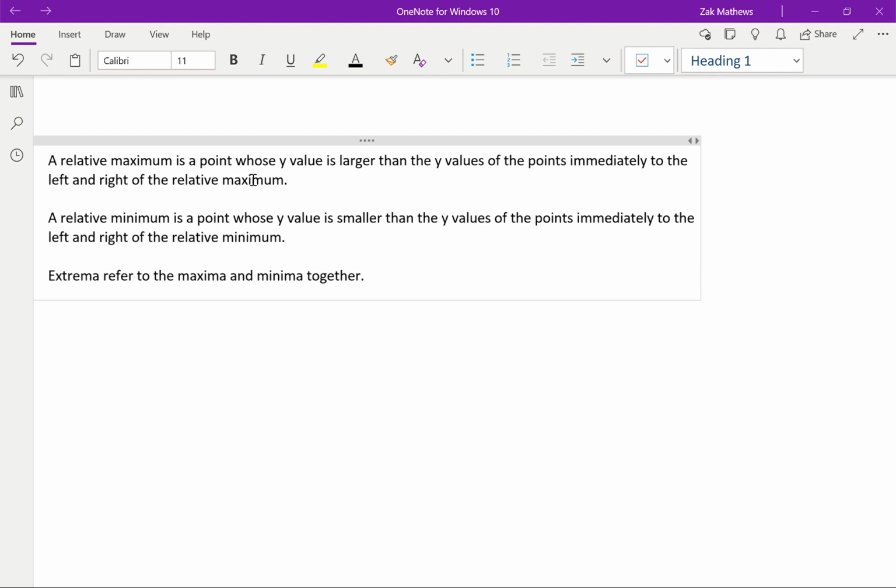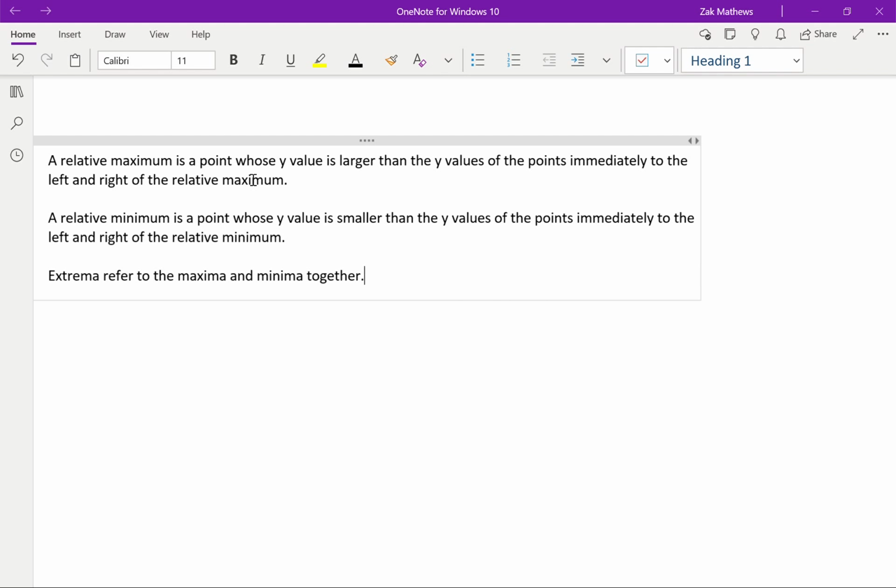We are going to be talking about the relatives, also called locals. There is another type of max or min called an absolute or global, and that's different. We're not going to really get into that in this video. That is down the road, especially in calculus, but we're just going to focus on the relatives for right now.